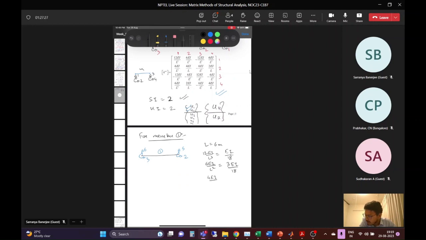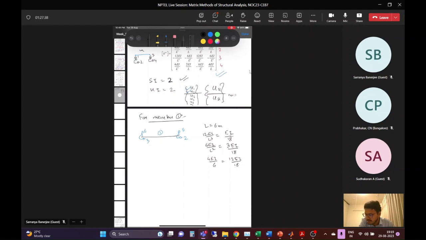Okay, I'll just move fast in this because there is nothing non-understandable here. The most important part comes along in the deciding of the force vector. Before that it's very straightforward. So these are the different values of the stiffness matrix.